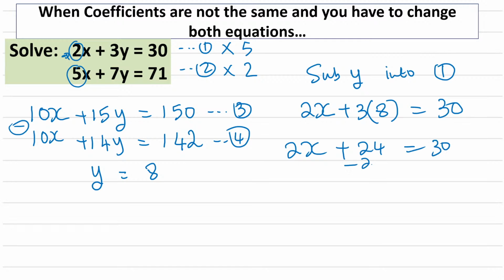So take away 24 both sides. This will give me 2x plus 24 minus 24 is 0 equals to 30 take away 24 is 6. Divide by 2 both sides. 2 divided by 2 is 1. So x equals 6 divided by 2 is 3.